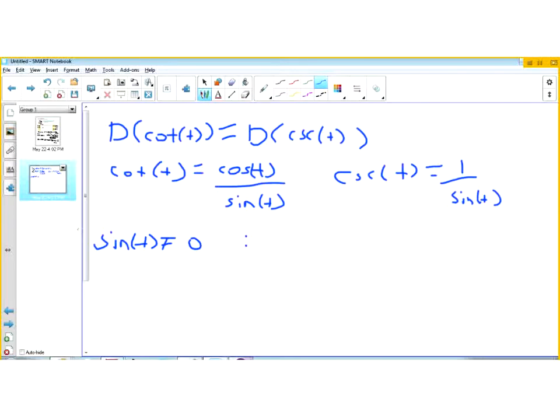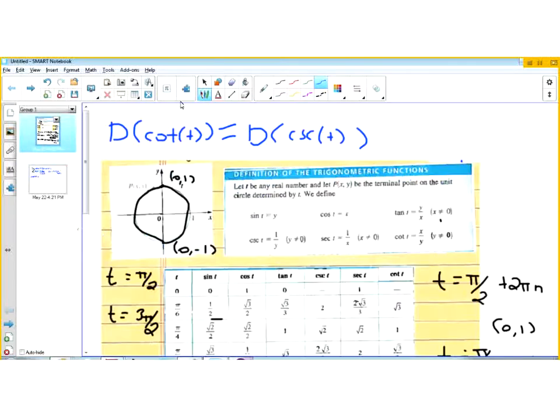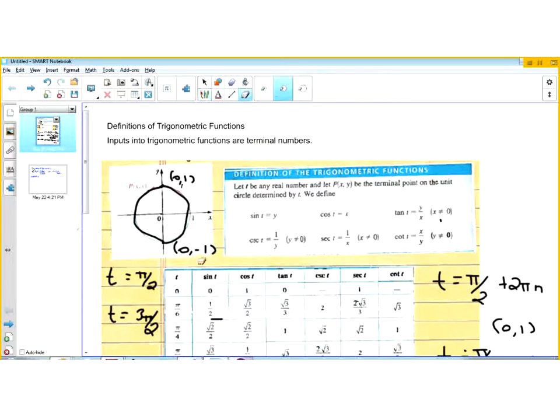And so where does that happen? On the unit circle. So going back to our diagram, that happens at these points. So at this terminal point, the ordinate is 0, and at this terminal point, the ordinate is 0 on the unit circle.